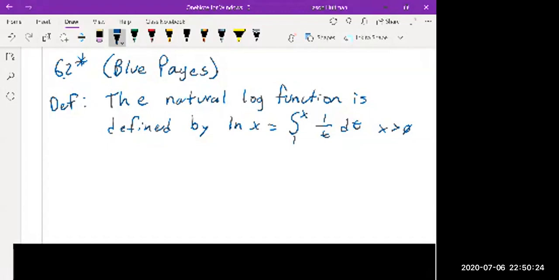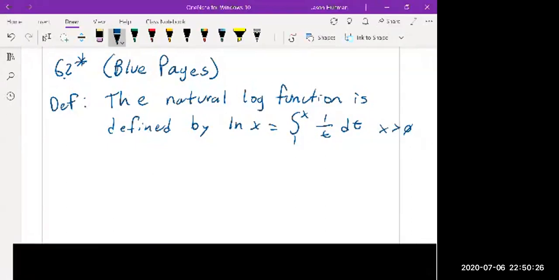That's how we are going to define the natural log function in calculus. You've probably seen it defined other ways in other classes, but in calculus, this is how we define it.